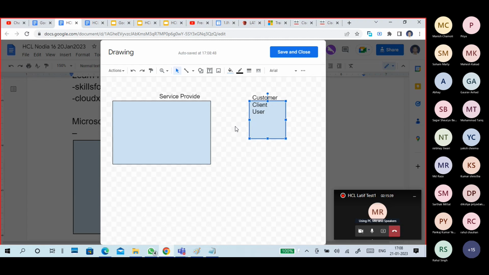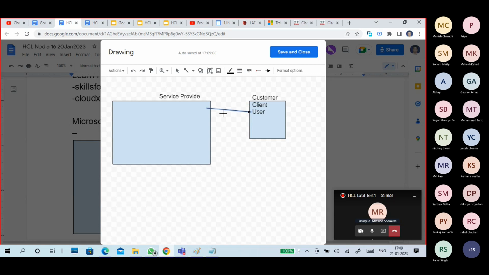Whatever it is, it's a customer or a client or a user. So what you are doing, you are providing a certain service. I put an arrow, so that is providing a service to the customer.